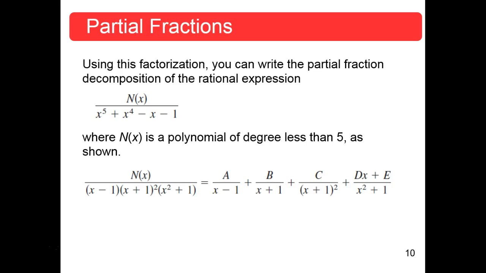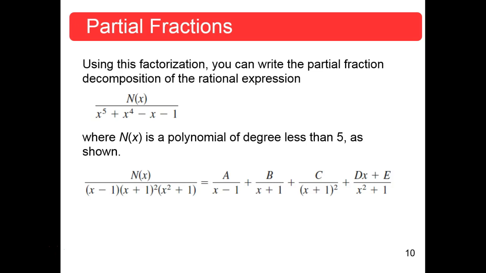If you have a single factor by itself, just do a constant over that linear factor. If you have a linear factor raised to a power, then you have to have a separate term for each power. So it would be x plus 1 and x plus 1 squared, one for each, and it's just constant numbers over each of those linear factors. Even though this is a quadratic factor, you don't need x there.